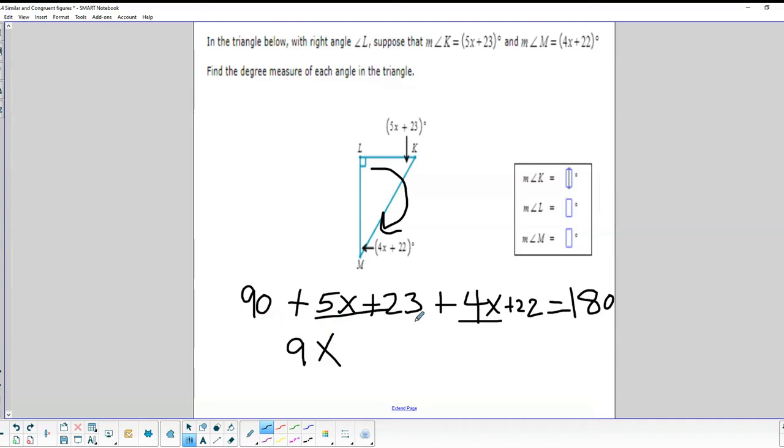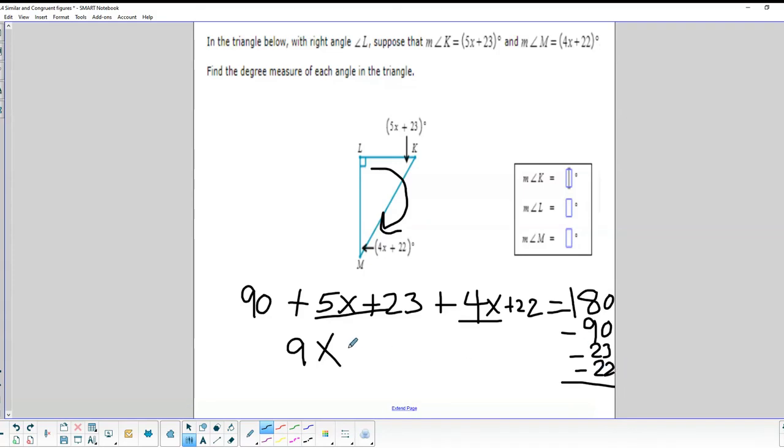And then I take all my other numbers, 90, 23, and 22, and subtract them off. So 180 minus 90 minus 23 and minus 22. So 180 minus 90 is 90, and 90 minus 23 is 67, and minus 22 more is 45.